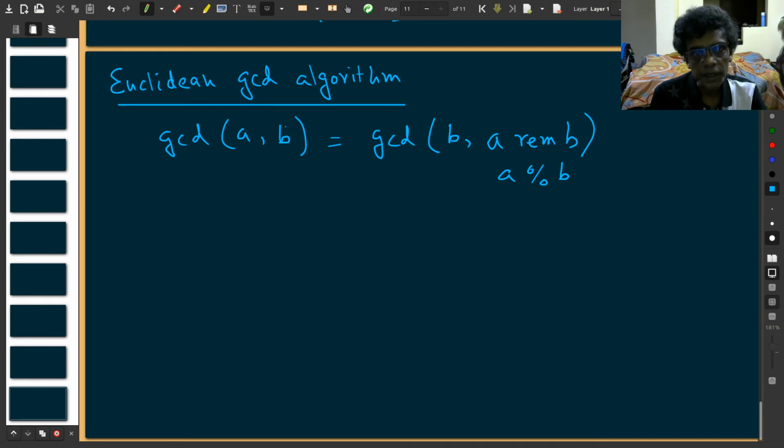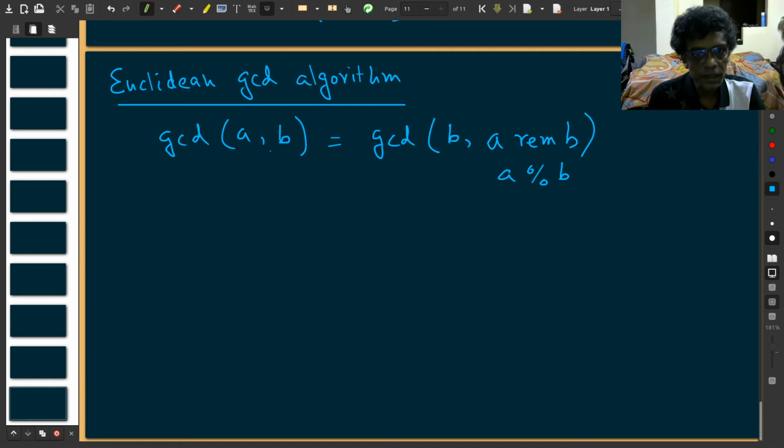Because you look at the second component B, and this is the remainder when something is divided by B. So this is less than B, that is, less than or equal to B minus 1. Next time again you will get another remainder which is smaller than this, and this cannot proceed indefinitely. Eventually this algorithm will terminate.